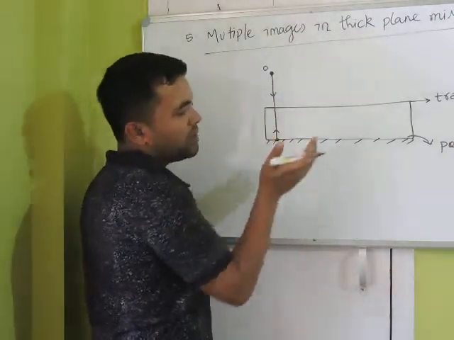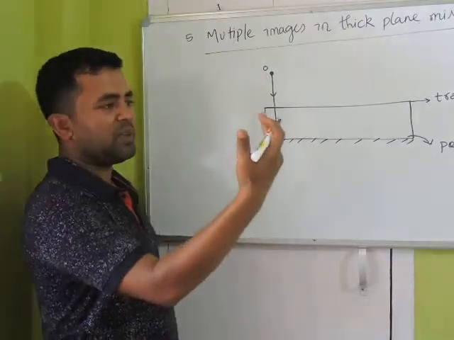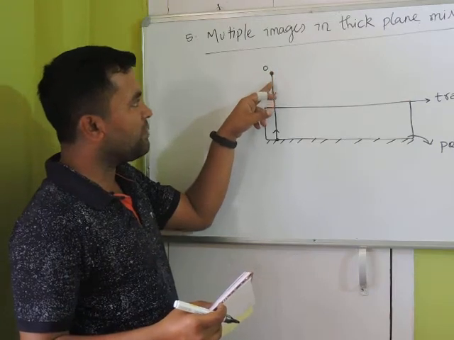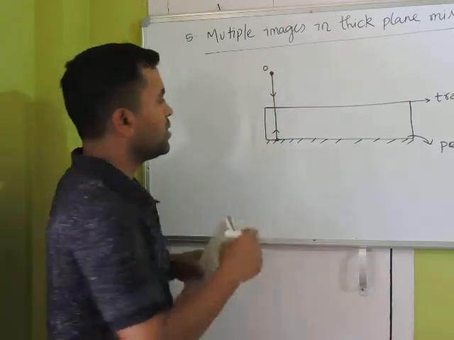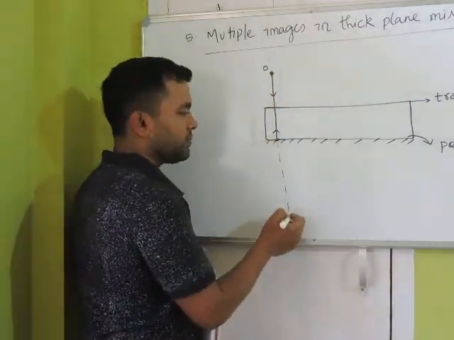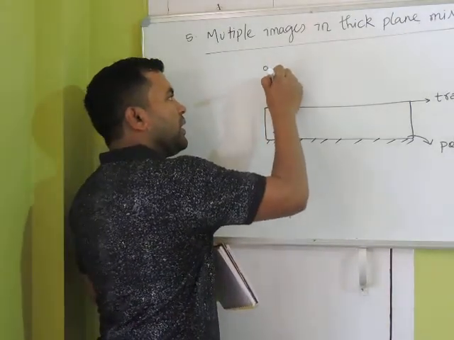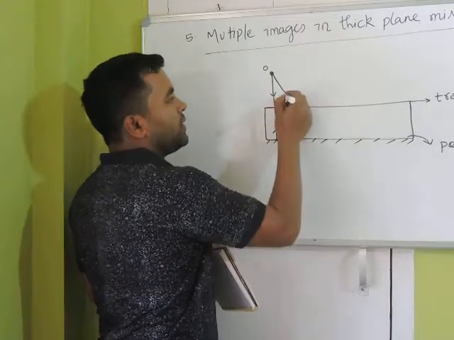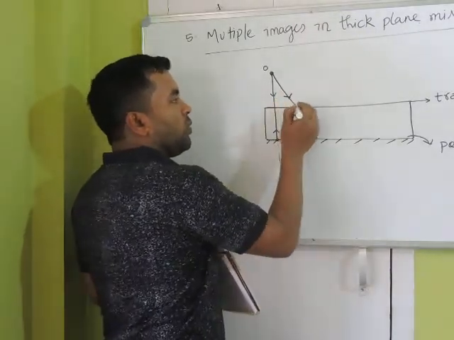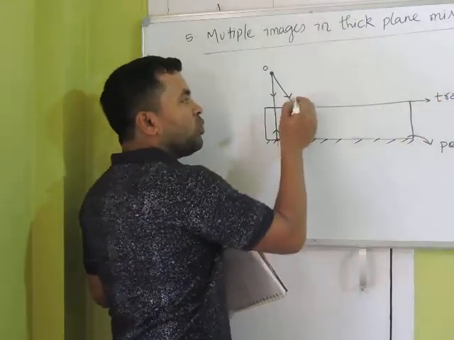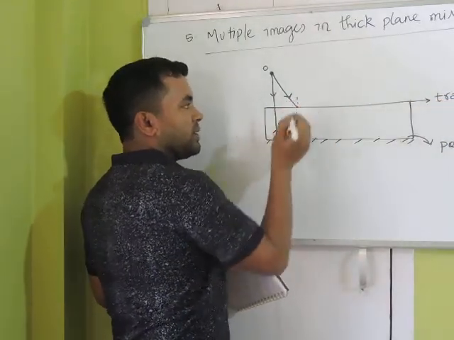Now again you can imagine, in the case of a plane mirror, if the object is here, then the image is formed along the same line. So we'll extend this line, right? Now let us say we take a ray from here. Mostly this is a transparent medium, so most of the light will refract.